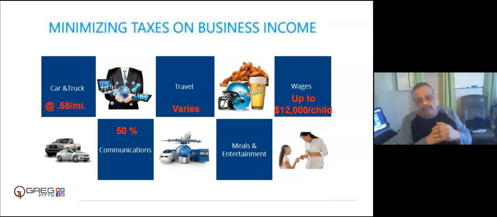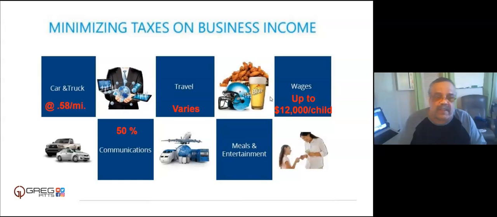If you travel in your business, you can write off the expenses that you've incurred while you're traveling in your business, and that includes airfare, bus fare, parking, tolls, anything that you've incurred, any expense that you've incurred while conducting business is now tax deductible.